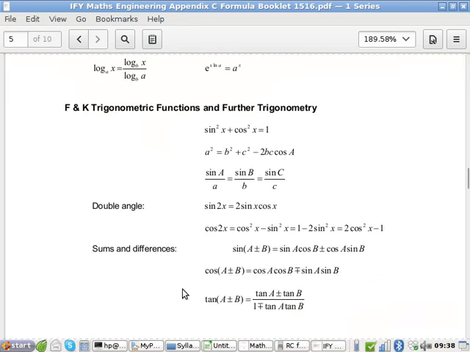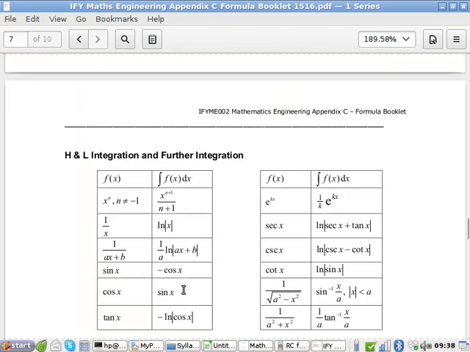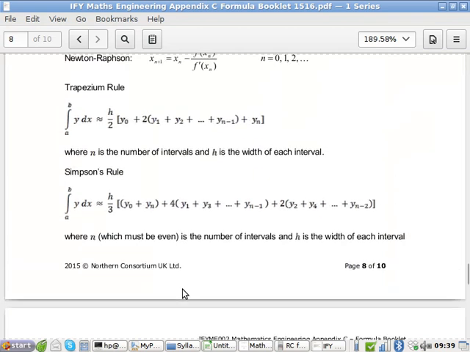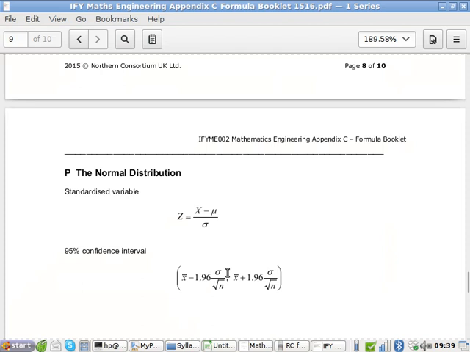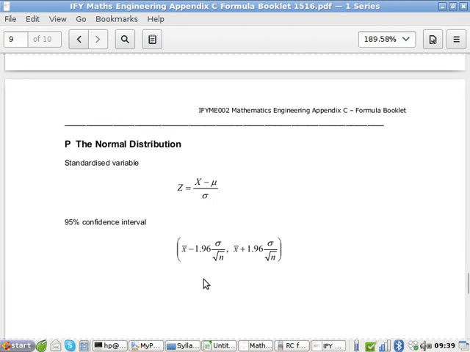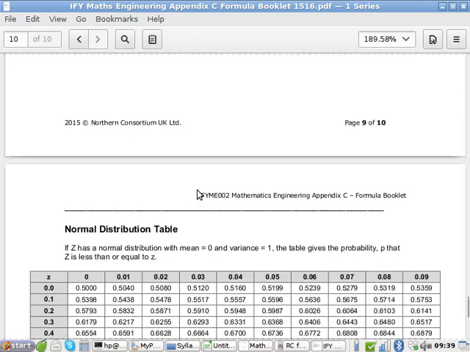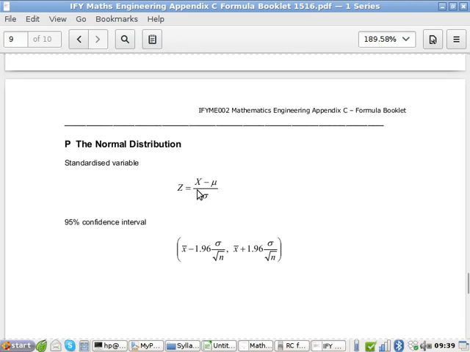That's semester 1, semester 2. There's the trapezoid and Simpson's rule. Normal distribution, and they use sigma, and you can see that they have 1.96 there, as I said. And this is the formula for the Z transform, and this is the table for the normal distribution. So if they ask for the Z value for the 95%, the answer is in the formula. Yes.